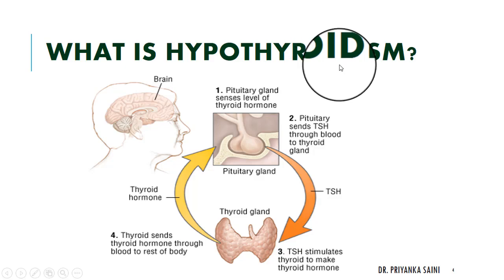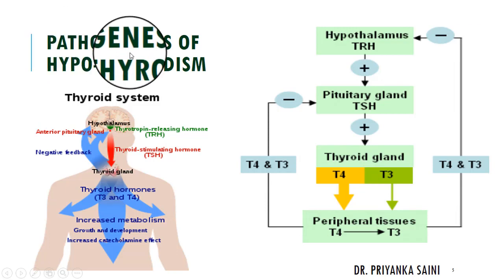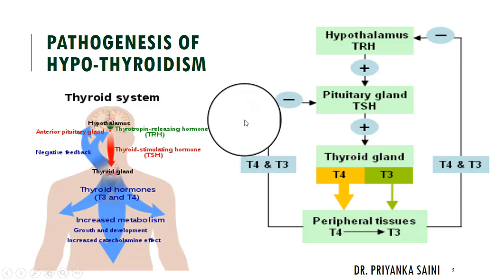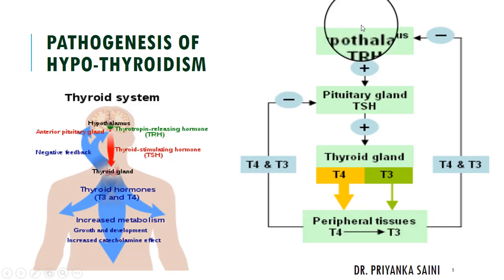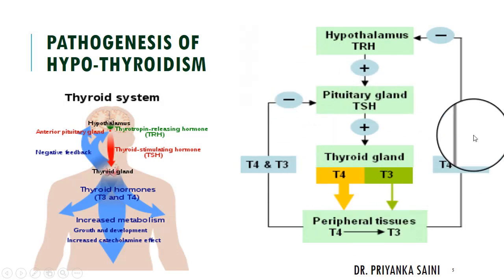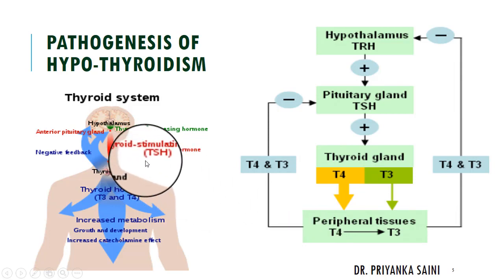Now next we will discuss the pathogenesis of hypothyroidism. The image given here on the right side depicts the hypothalamic pituitary thyroid axis. Decreased production of T4 causes an increase in the secretion of TSH, that is thyroid stimulating hormone, by the pituitary gland.